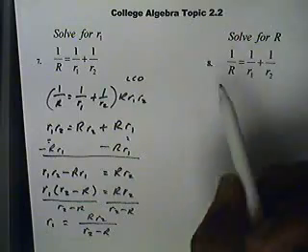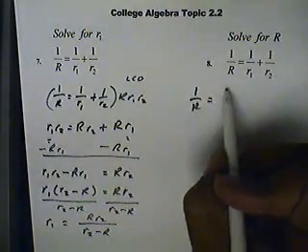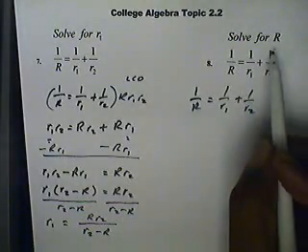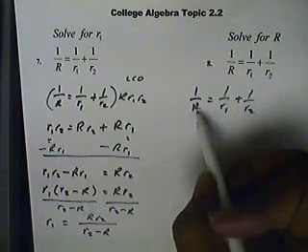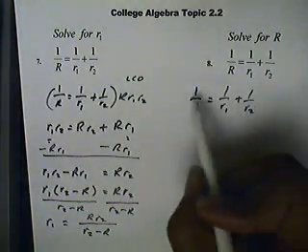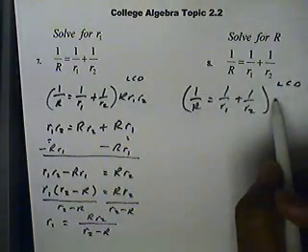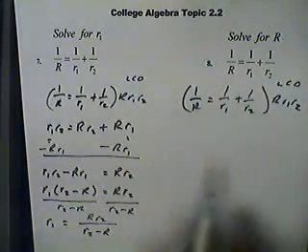Okay, number 8. Same problem. 1 over R equals 1 over R1 plus 1 over R2. But this time we're solving for the main resistance, which is big R right here, R. So again, we want to get rid of all the denominators. So we're going to multiply again by the least common denominator, which will be R, R1, and R2.